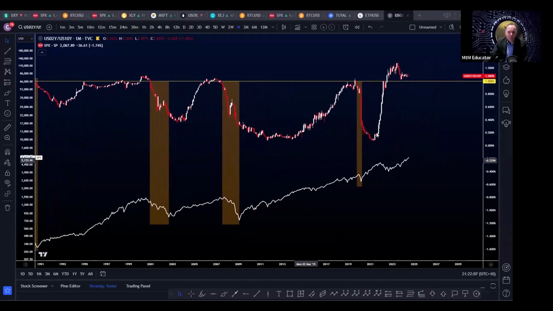And what this level of inversion would be indicating is that we have another one of these coming, as big as 2000 to 2002, as big as 2008, 2009. When will it come? Well, we don't know, but it normally happens 6 to 12 months after it uninverts.